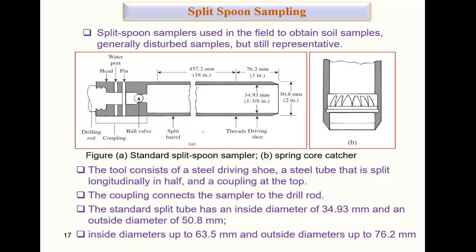The split spoon sampler is used in the field to obtain soil samples. Generally, what kind of samples? Disturbed samples. Generally, by split spoon, you will get disturbed samples, but still representative.